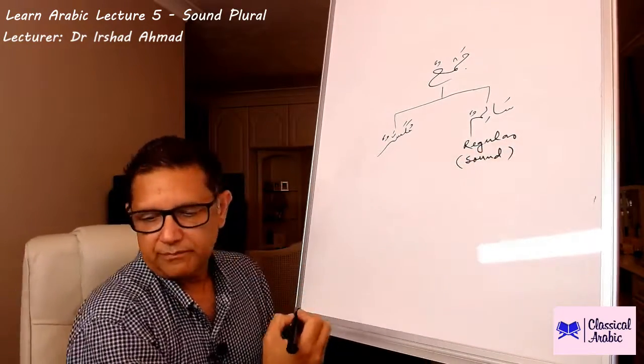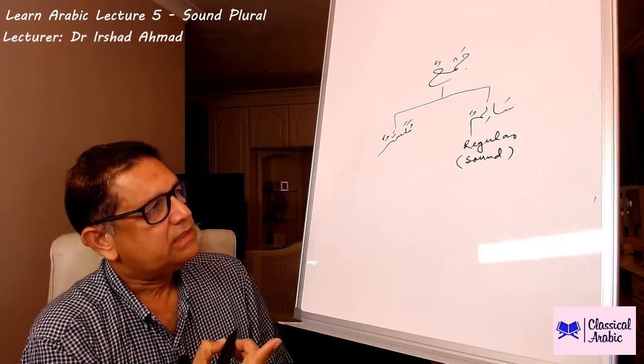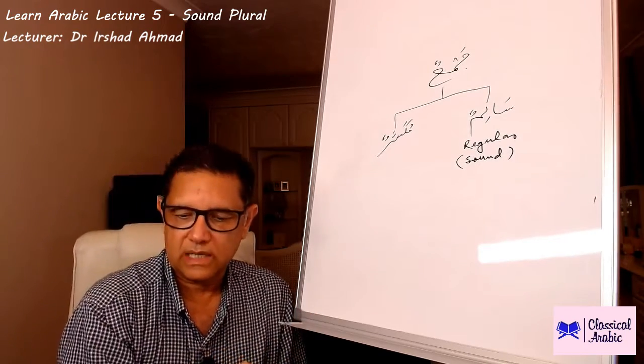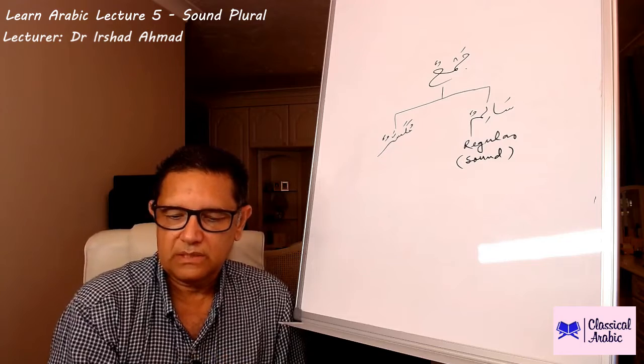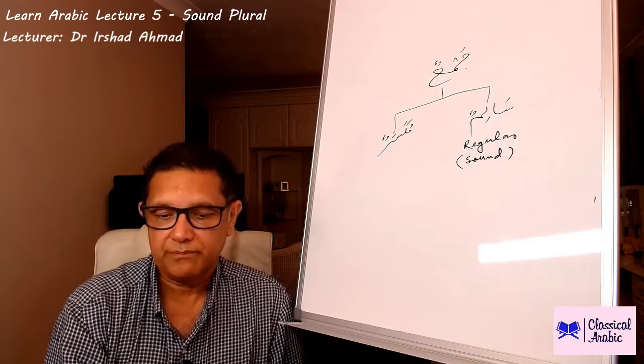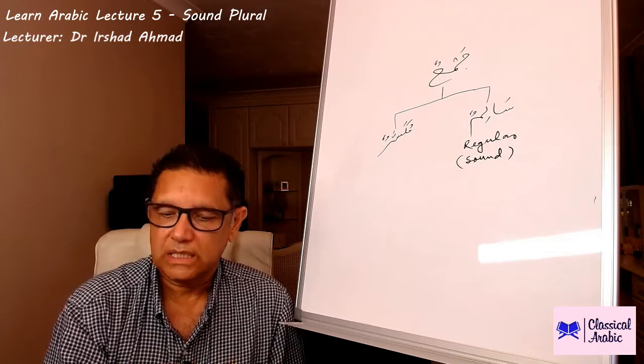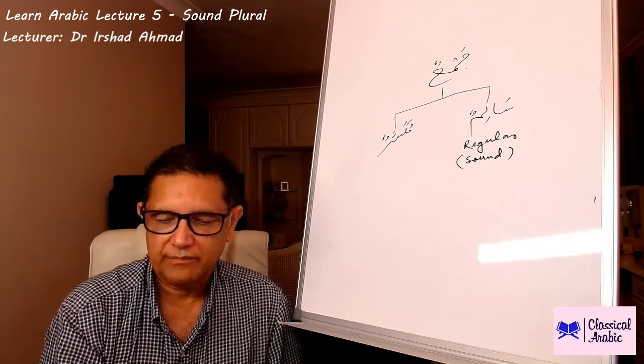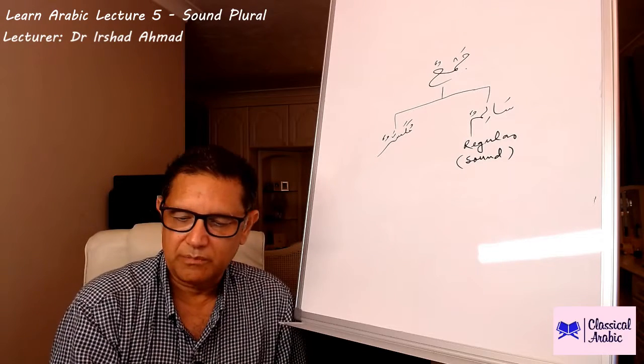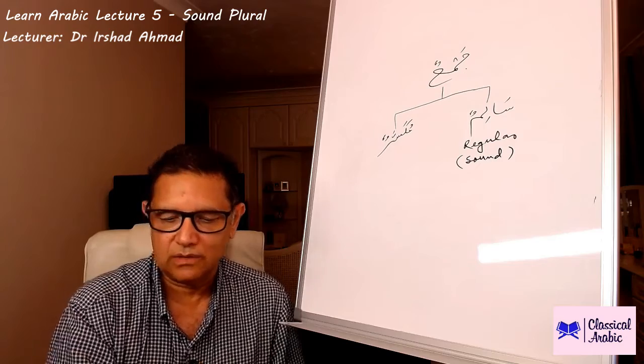So sound. And salima yaslamu, salamun or salamatun basically means to be safe and sound, healthy, not sick, be content, be peaceful, in peace, in safety, in security, those kinds of meanings.